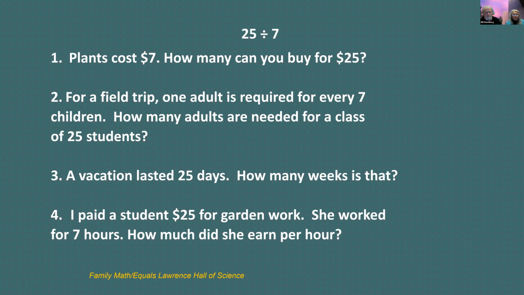Number 2, for a field trip, 1 adult is required for every 7 children. How many adults are needed for a class of 25 students? Number 3, a vacation lasted 25 days. How many weeks is that?